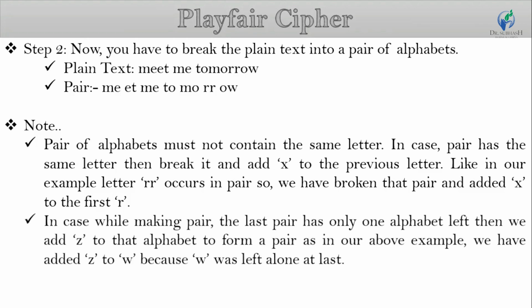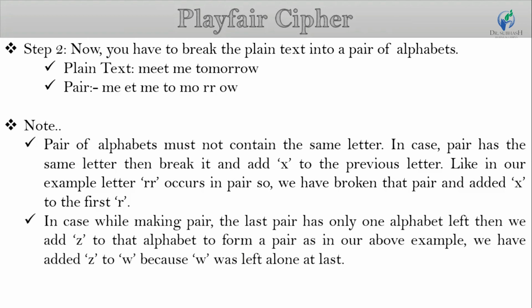In case while making pairs, the last pair has only one alphabet left, then we add Z to that alphabet to form a pair. As in our above example we have added Z to W because W was left alone at last.